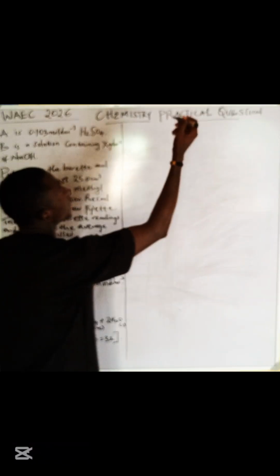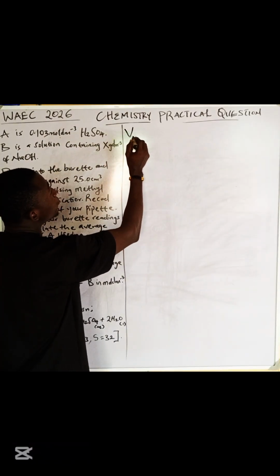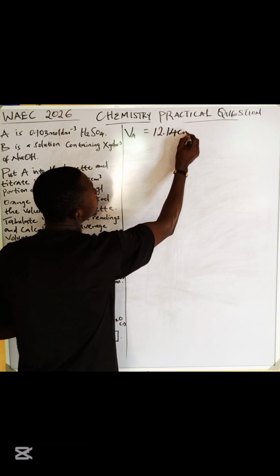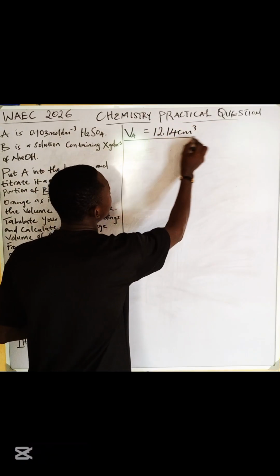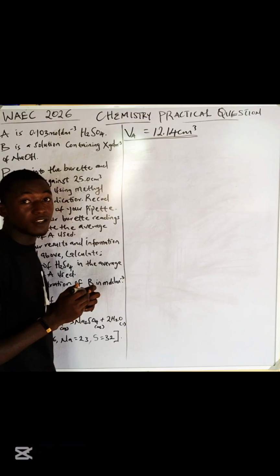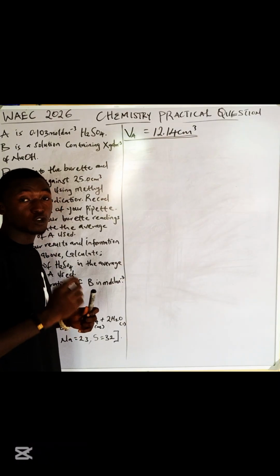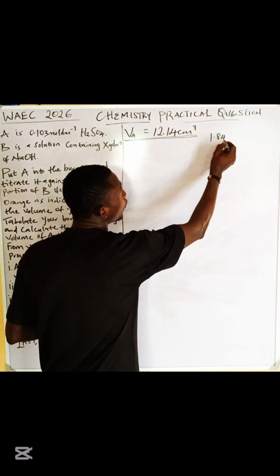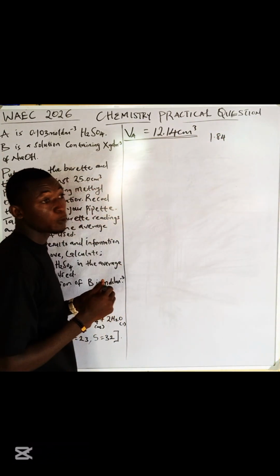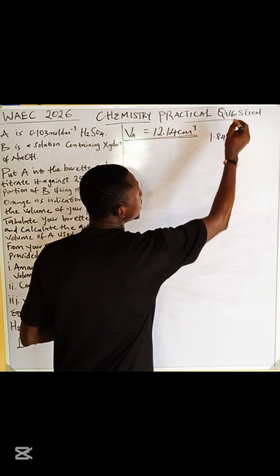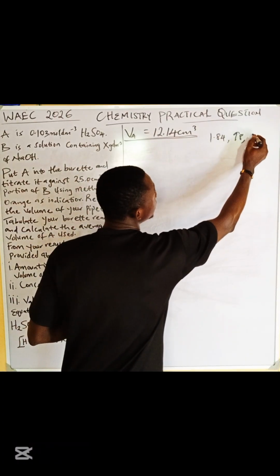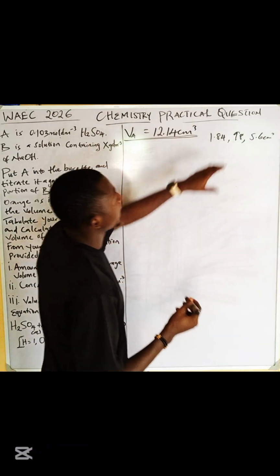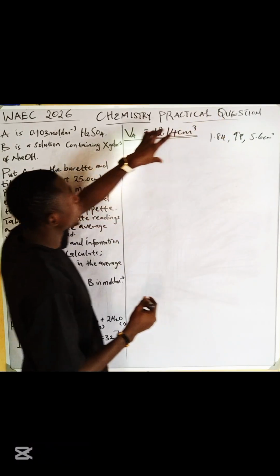We notice that the theoretical value, that is VA, is given to be 12.14 cm³, theoretically from the specimen in the instruction manual, where we have your relative density of 1.84, your percentage purity of 98, and your volume of acid, which is 5.6 cm³. Do you understand? So with this you can get your theoretical value.